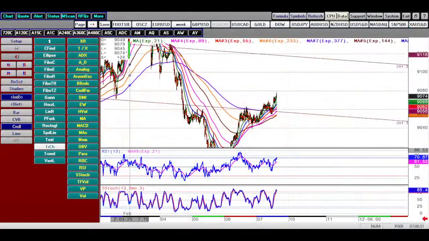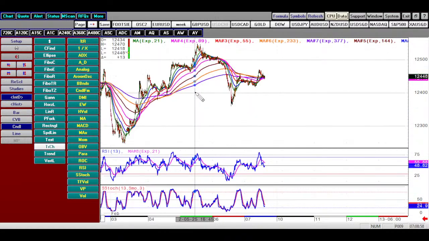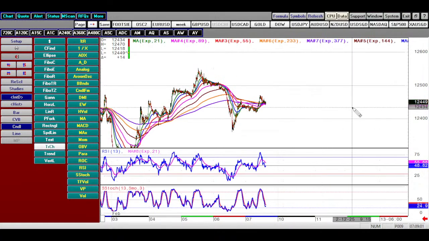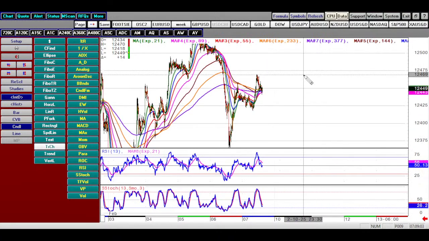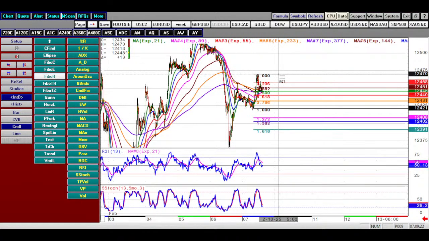Now let's see the next currency, the pound. Okay, pound looks okay. We are seeing some pullback, but I think we should see the price stabilizing somewhere near 124.20 or even slightly lower, which is 124.05.